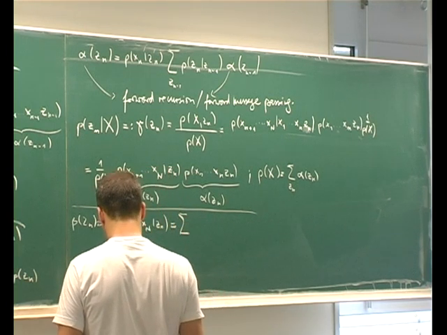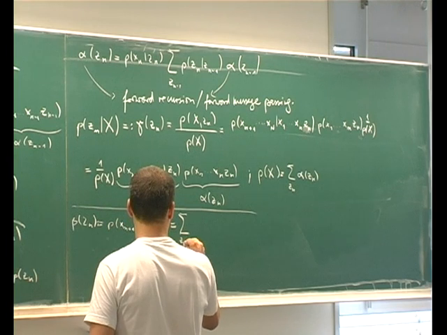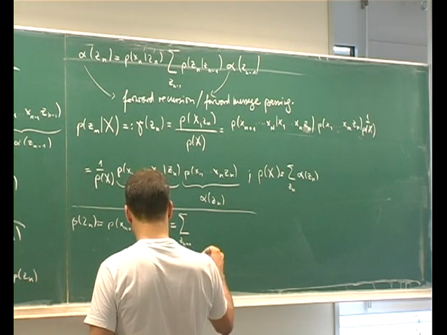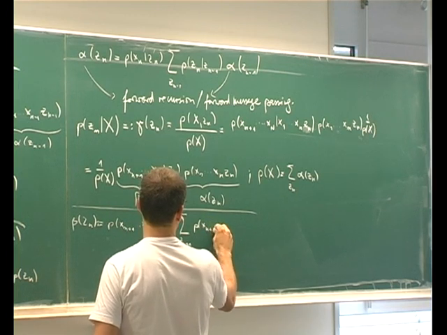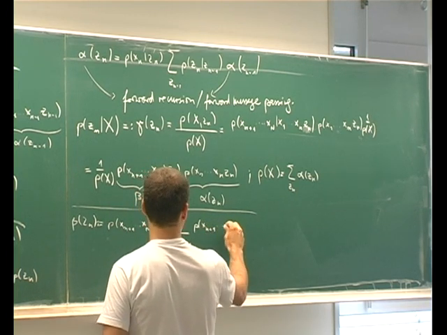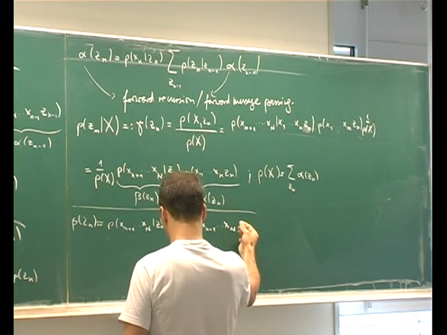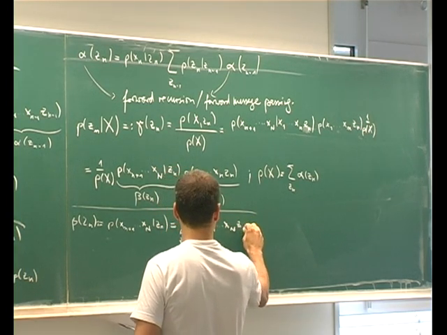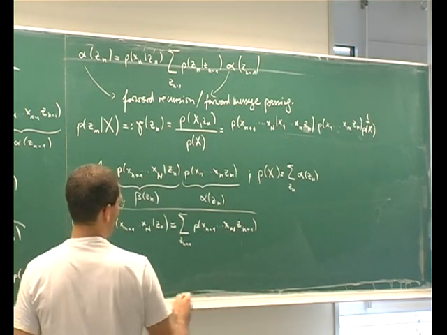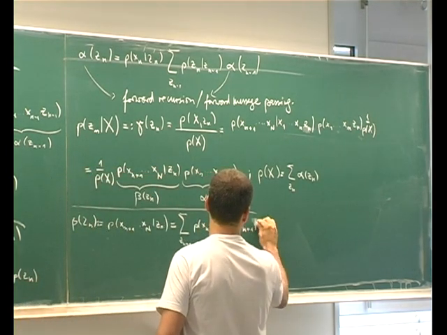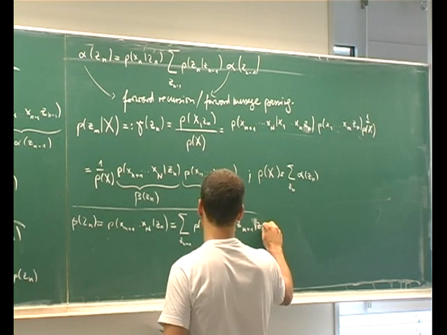And we rewrite this in terms of the joint probability of the variables that I've just named, as well as the hidden state at time n plus 1. And we're marginalizing this newly introduced variable out.